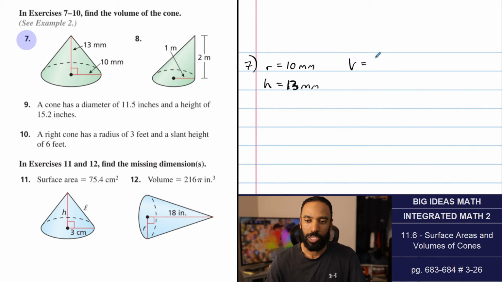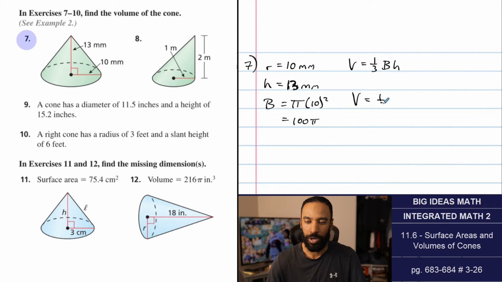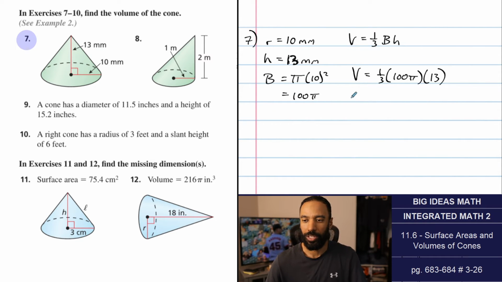So the volume is 1/3 area of base times height, right? So area of base in this case is pi r squared, which is 100 pi. And the height is the 13. So volume is going to be 1/3 times 100 pi times 13. This will not clean up beautifully.